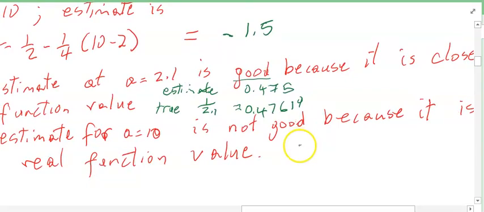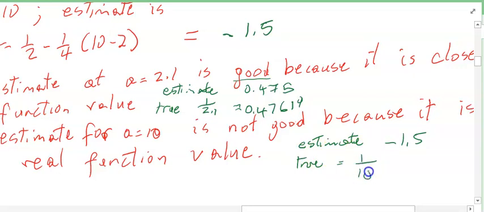Because the estimate was negative 1.5, but the true value is 1 over 10, that is 0.1. So that is kind of a bit far. We say it's not a good estimate. This is 0, that's negative 1, so it's a bit way out.